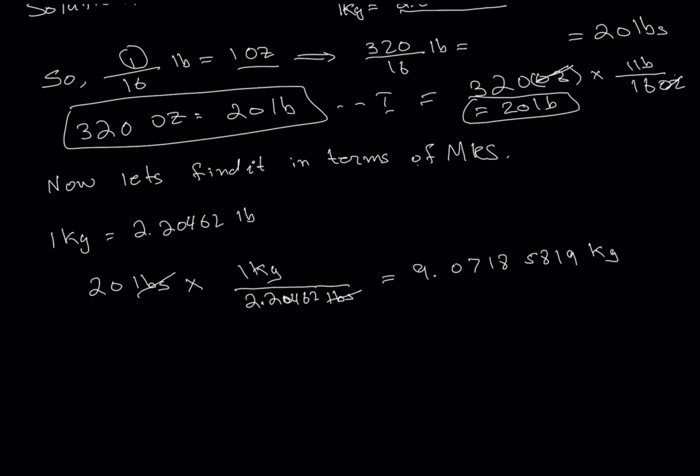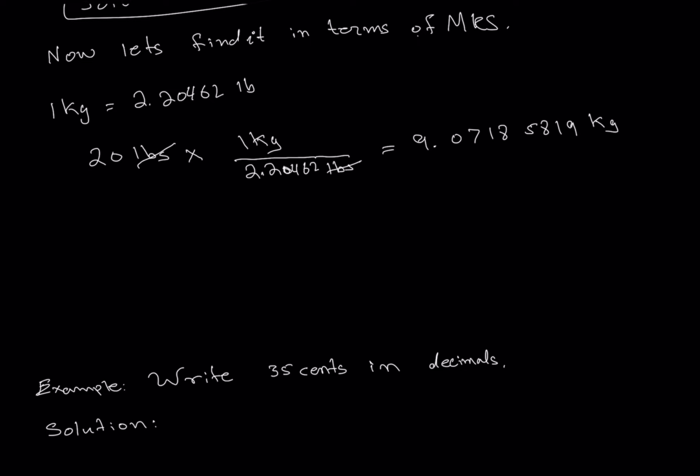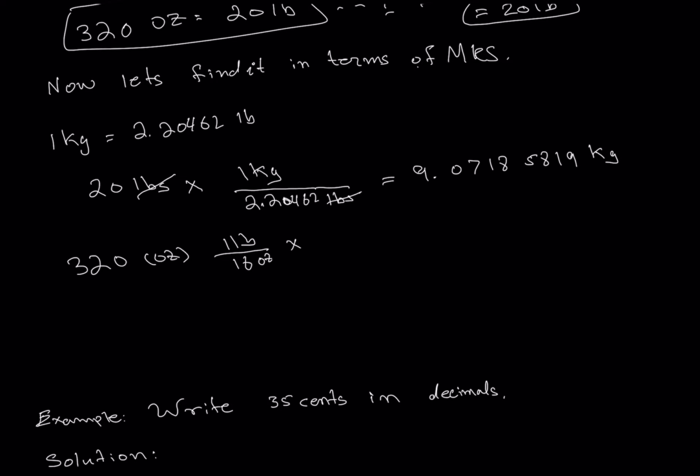To find it the other way around, we will have to use two different fractions. For 320 ounces, the first fraction is 1 pound over 16 ounces, since 1 pound is equal to 16 ounces. Then we need 1 pound in terms of kilograms.